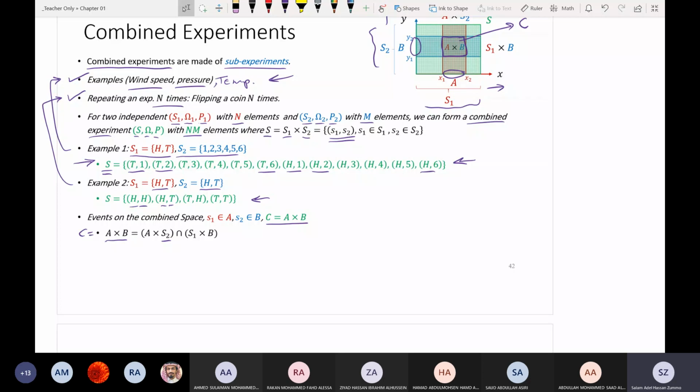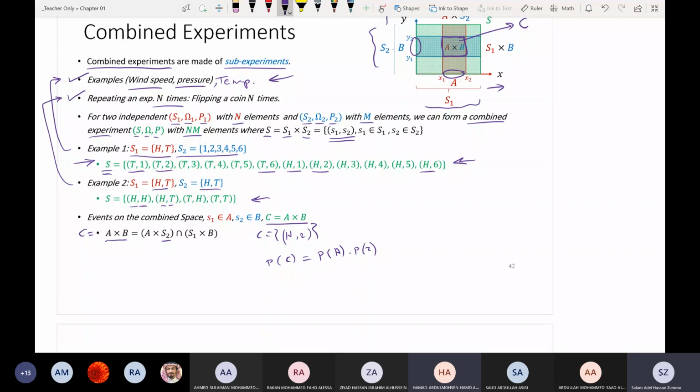And I can ask you, what is the probability of C, which is, for example, a head and 2? You can say clearly that the probability of C will be what, guys? It's the probability of head multiplied by probability of 2, because they do not know each other.